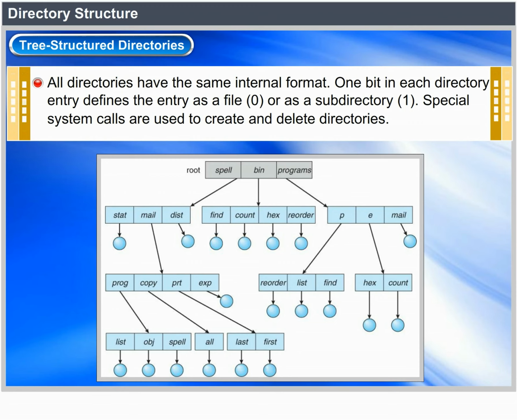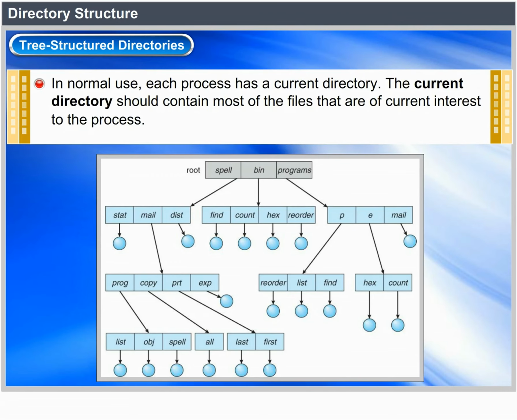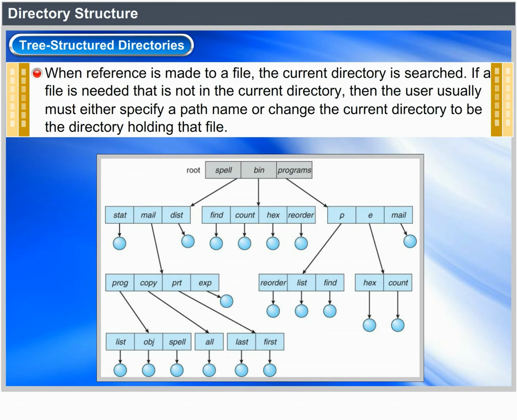In normal use, each process has a current directory. The current directory should contain most of the files that are of current interest to the process. When reference is made to a file, the current directory is searched. If a file is needed that is not in the current directory, then the user usually must either specify a path name or change the current directory to be the directory holding that file.